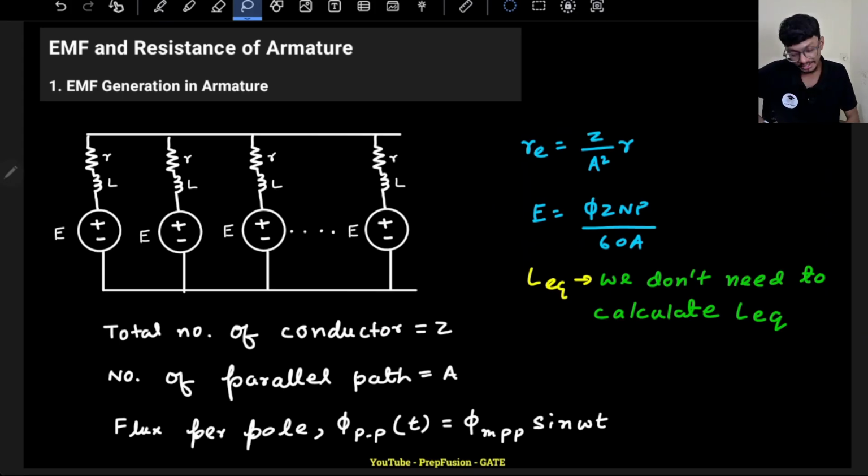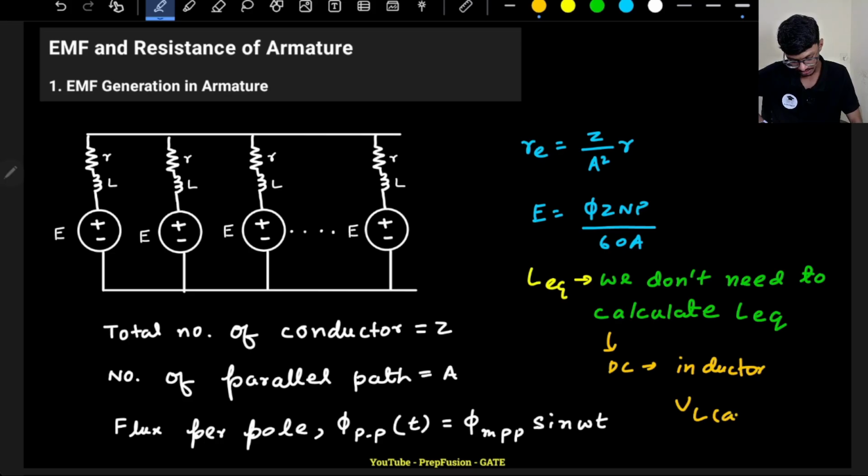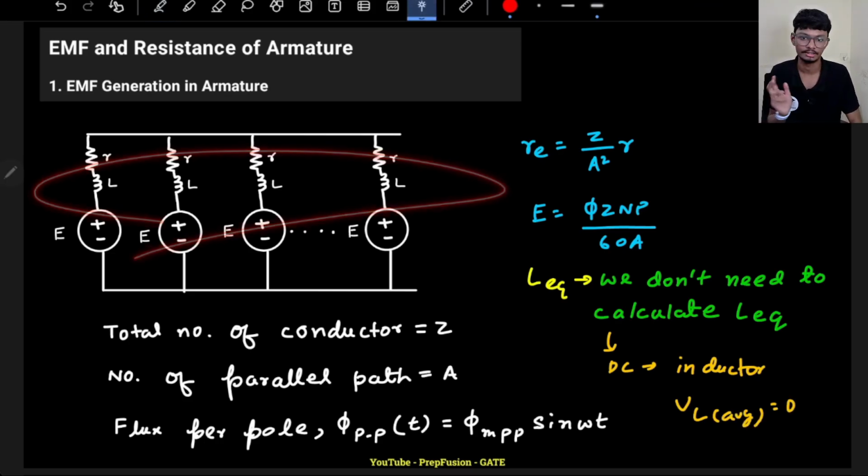Why? Because we are talking about average values, which means DC. As we are talking about DC values here, in DC the inductor will be a short circuit, because the average voltage across the inductor, V_L average, will be 0. Hence we don't need to discuss the inductor.